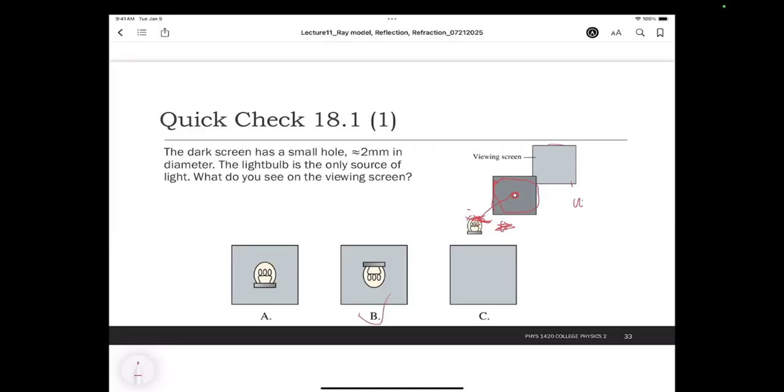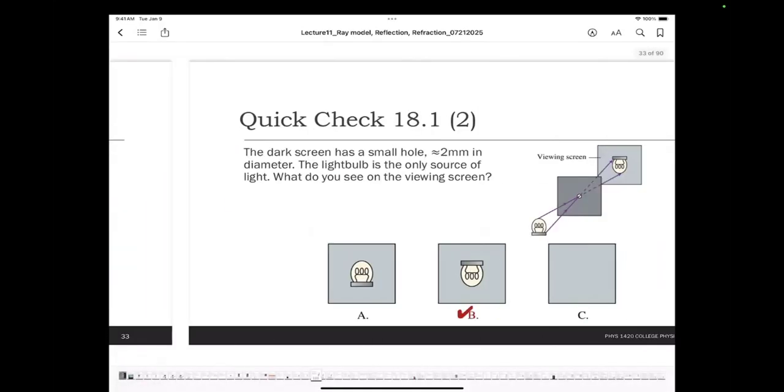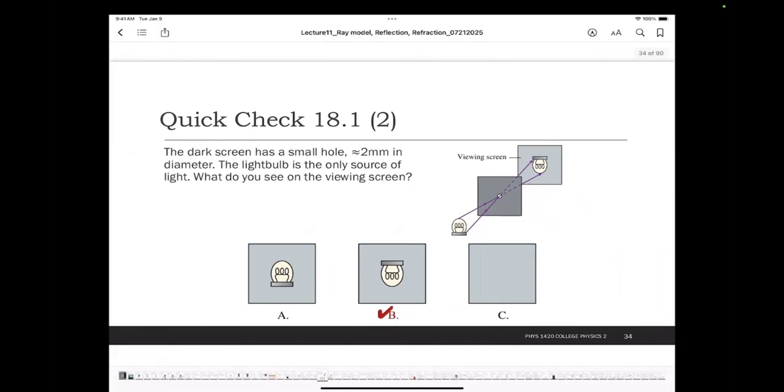We should choose B. We have already talked about this. The light will go directly through the hole, and this point will go through the hole and reach here, and then it will give you a flipped image. Does it make sense to you?